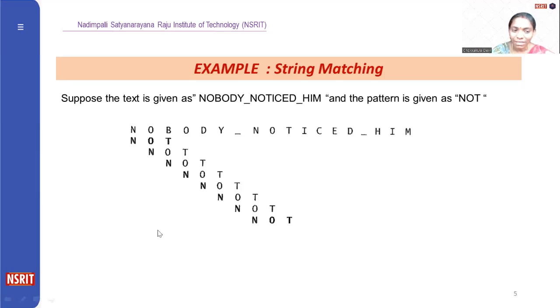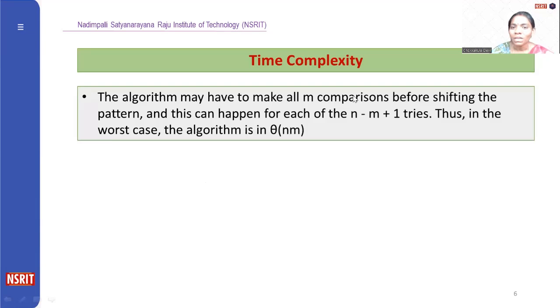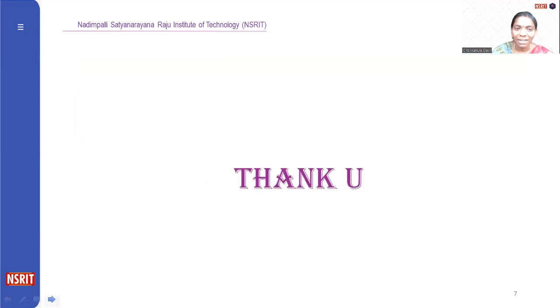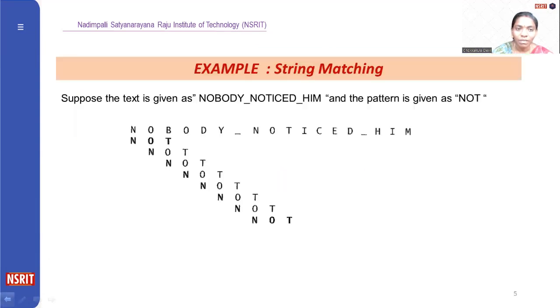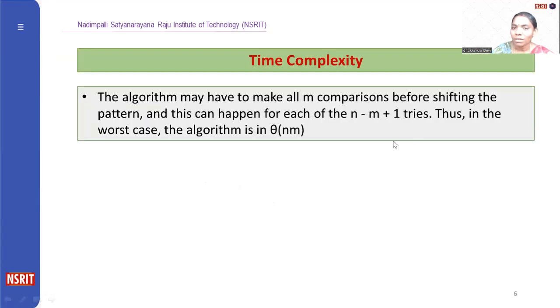So we have to make all m comparisons before shifting the pattern. See here, the pattern is shifted, and here also, and here also. So many times we shift the pattern before we match it.